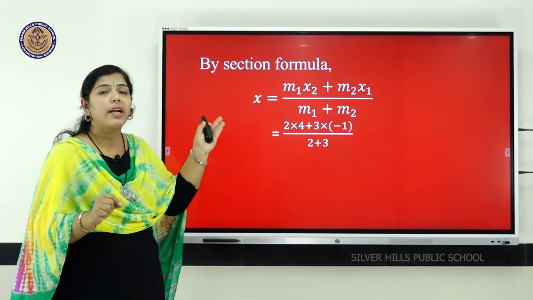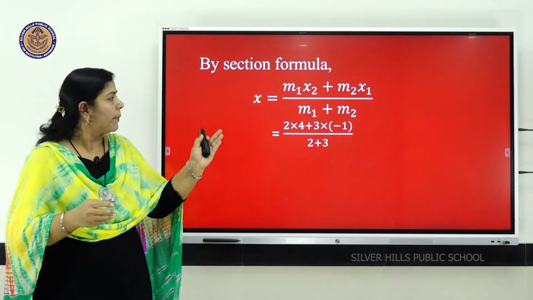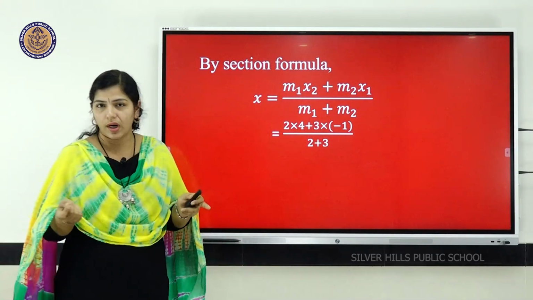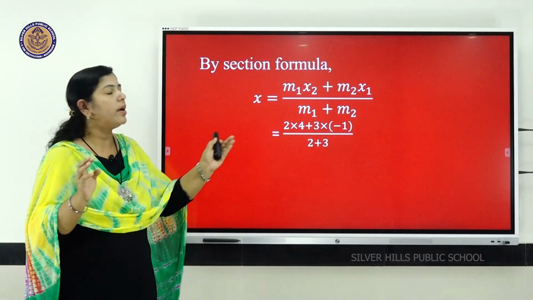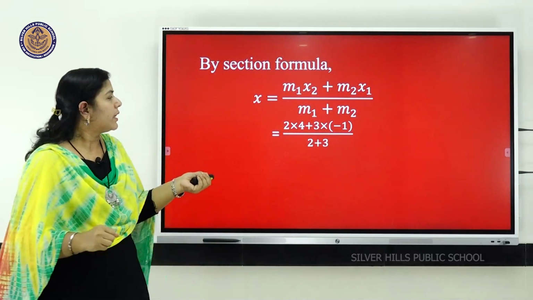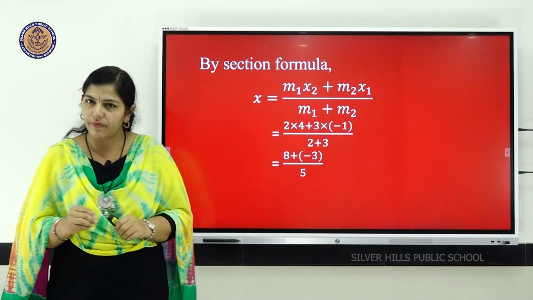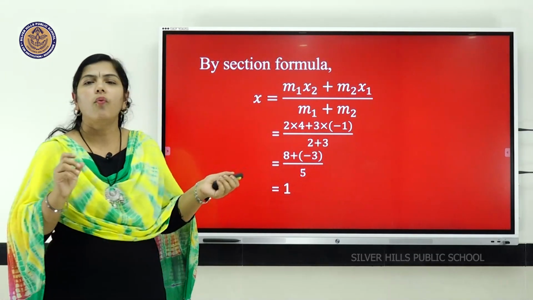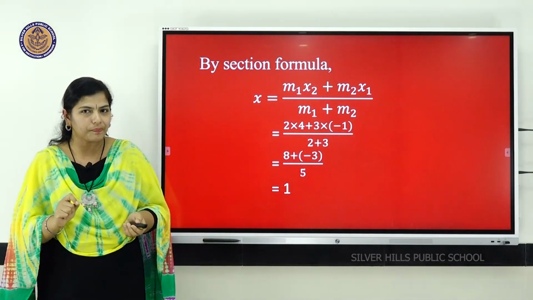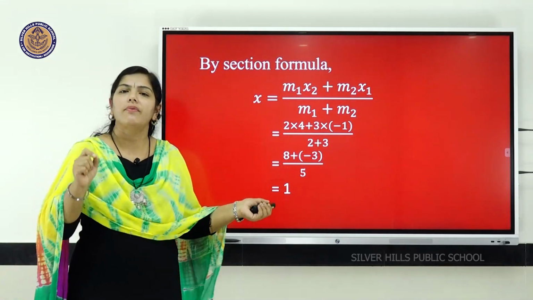X coordinate: m1 x2, x2 should be substituted, 2 into 4 plus m2 x1, that is 3 into (-1), minus I put inside the bracket, whole divided by 2 plus 3, the ratio should be added. That becomes (8 plus (-3)) whole divided by 5, that is 8 minus 3 is 5, 5 divided by 5, equal to 1. Like this we got the x coordinate of the point of division.